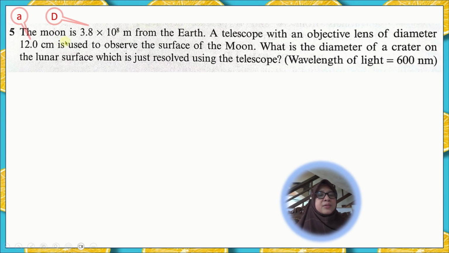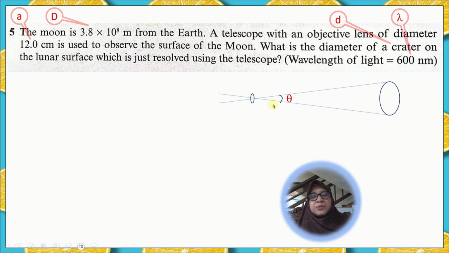The separation of the slit is the diameter of the objective lens, so we use symbol A. What is the diameter of the crater on the lunar surface which is just resolved using the telescope? The diameter we use symbol D. And the wavelength is lambda.